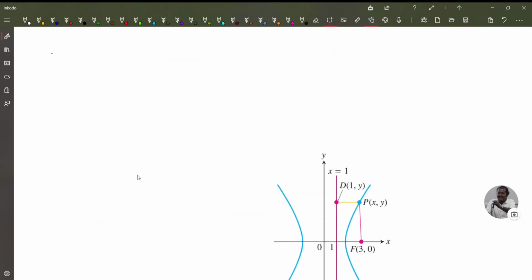Therefore, FP is equal to e PD implies square root of (x minus 3) the whole square plus y square equal to root 3 into PD, square root of (x minus 1) the whole square.